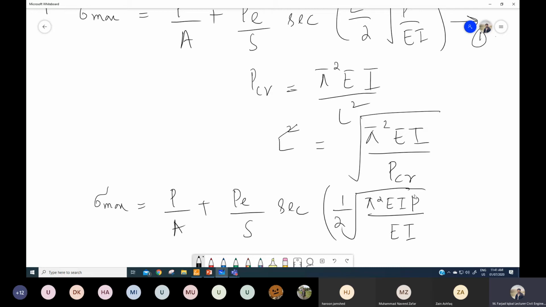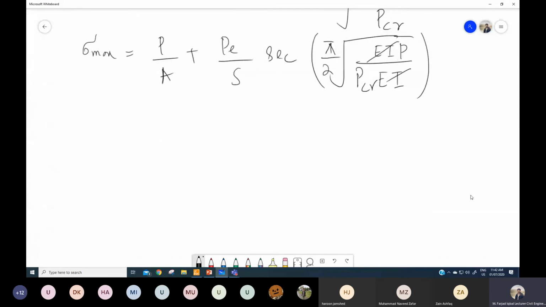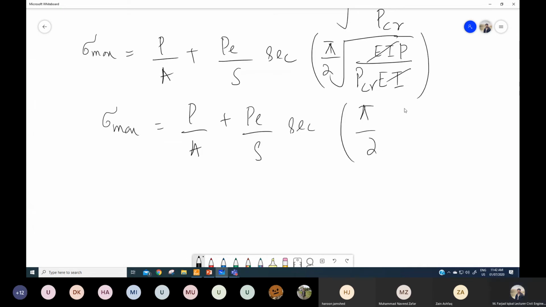The pi factor can come out because there is a square, EI cancels, and there is another factor, P CR. So the final form is sigma maximum is equal to P over A plus P E over S secant pi by 2 times the root of P over P CR.